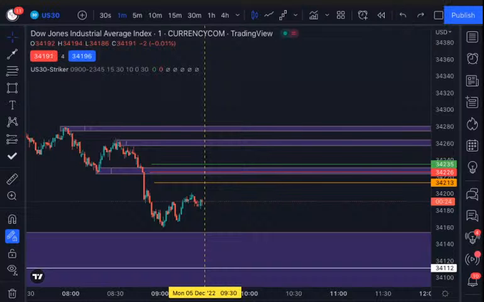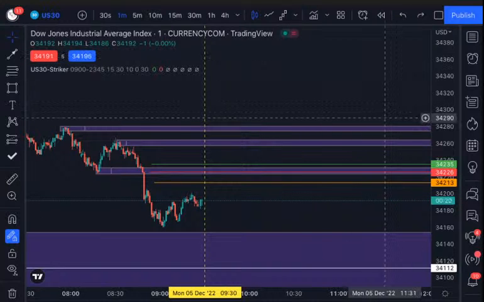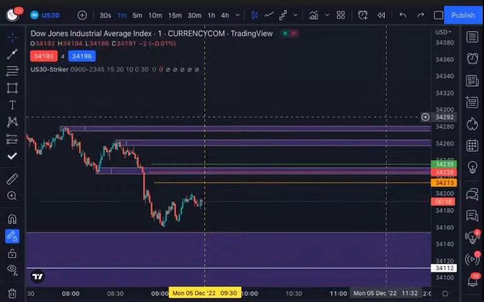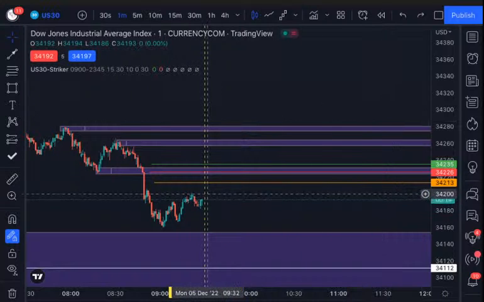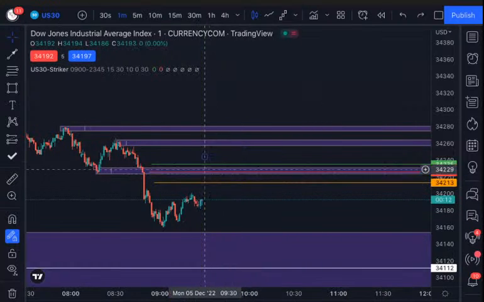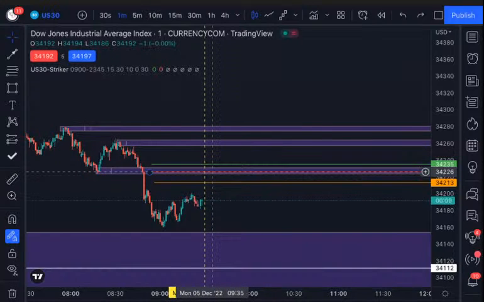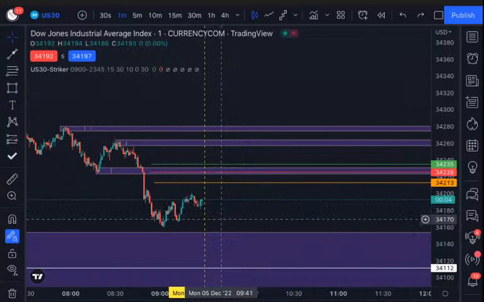So that's what we're probably looking for right there once the market opens. But I do expect price to have some rejection right here, some resistance. Push down.